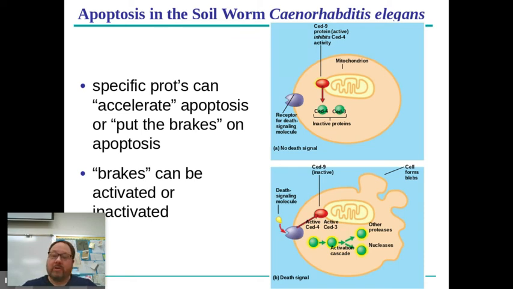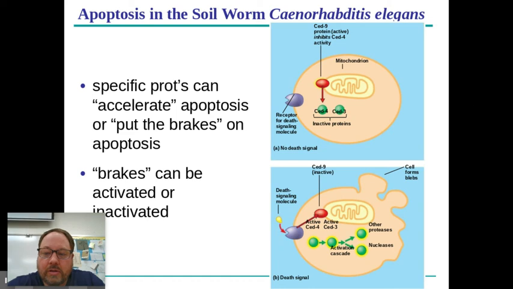what is an example or an application of apoptosis? Now, we use model organisms in a lot of research because they're cheap and easy and they reproduce quickly. So C. elegans is a type of worm, and they're studied pretty extensively for all sorts of different biological phenomena. But one thing they've worked out in C. elegans is one of its signaling pathways for apoptosis.